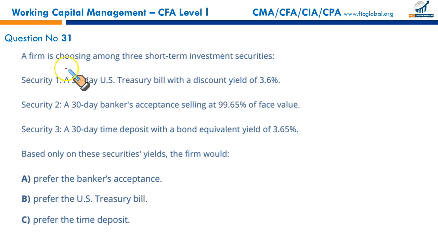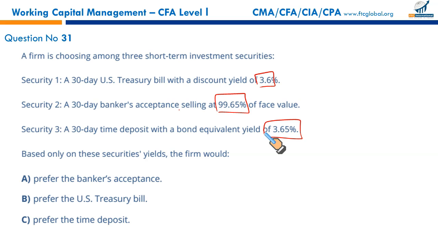Question number 31. A firm is choosing among three short-term investment securities. Security 1, a 30-day US Treasury bill with a discount yield of 3.6%. Security 2, a 30-day banker's acceptance selling at 99.65 of the face value. Security 3, a 30-day time deposit with a bond equivalent yield of 3.65.